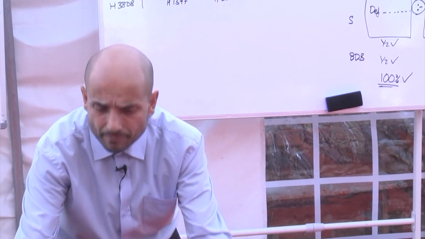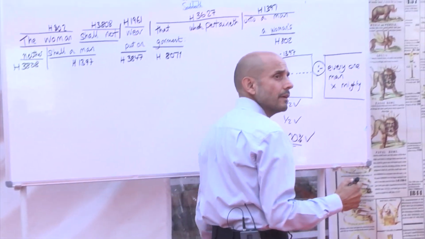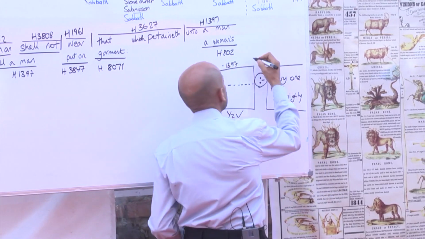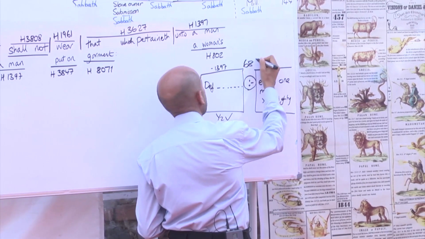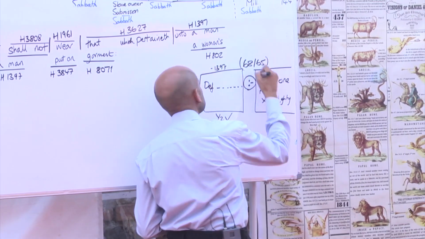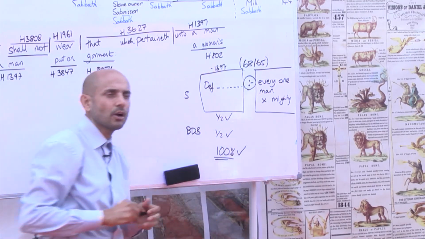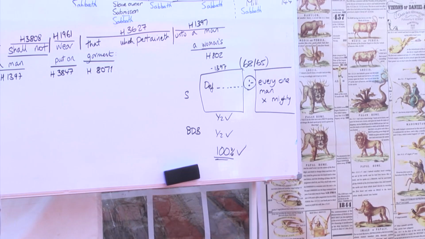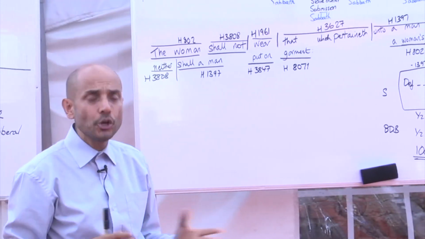How many times it comes up? Does it tell you? Yeah, how many? 65? Okay, so we've got 68. Mine says 65. Sometimes there's a variation depending on how the counting goes and who produces the book, etc. So it tells you how many times that word's used.